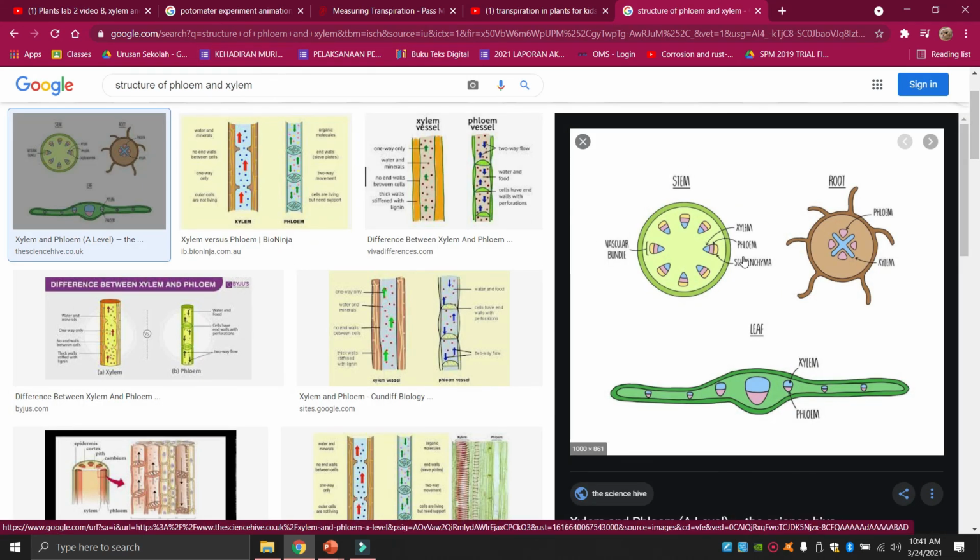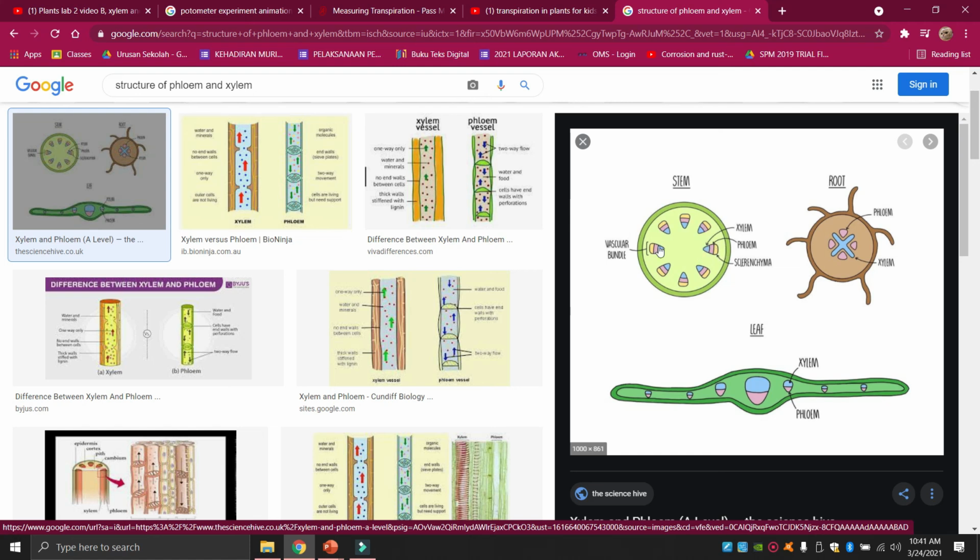So here is the xylem. Xylem, I already told you, is inside, and phloem is the outer part.